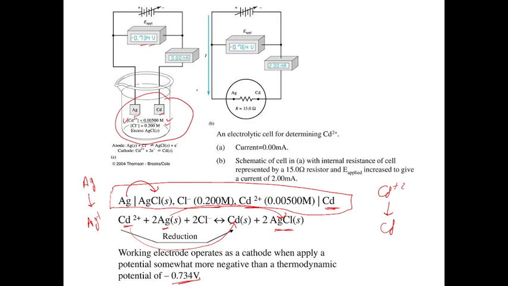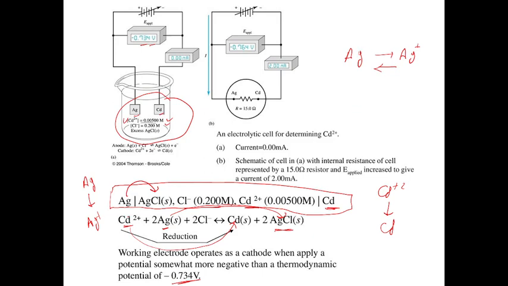Generally what happens, if you go for the electrochemical series, Ag is converting to Ag plus. Is this reaction spontaneous or is the other one? This reaction is spontaneous, meaning Ag plus will be converted to solid Ag. Ag has a positive reduction potential, so Ag ion will be converted to Ag.